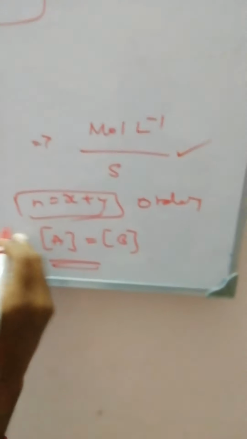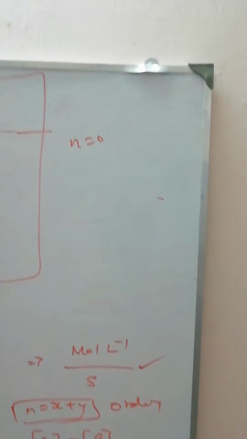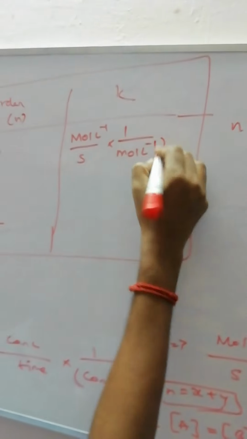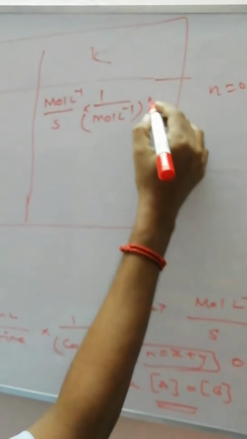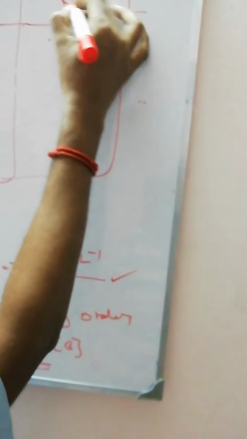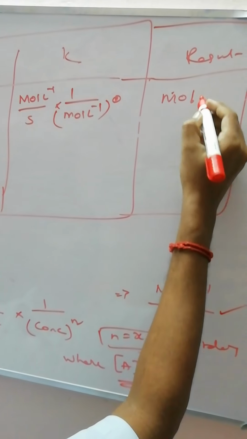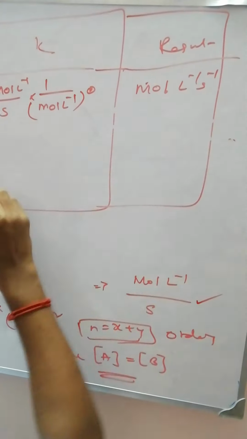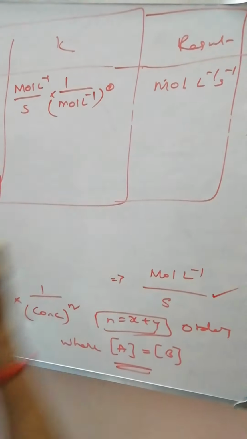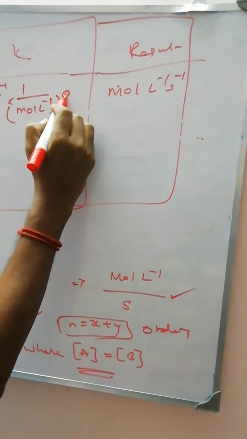See, in the case of zero order, order is nothing but n, and n is equal to 0. So the power is 0. What is the result? The unit of the rate constant for a zero order reaction is mole per liter per second, because mole per liter power 0 is equal to 1.